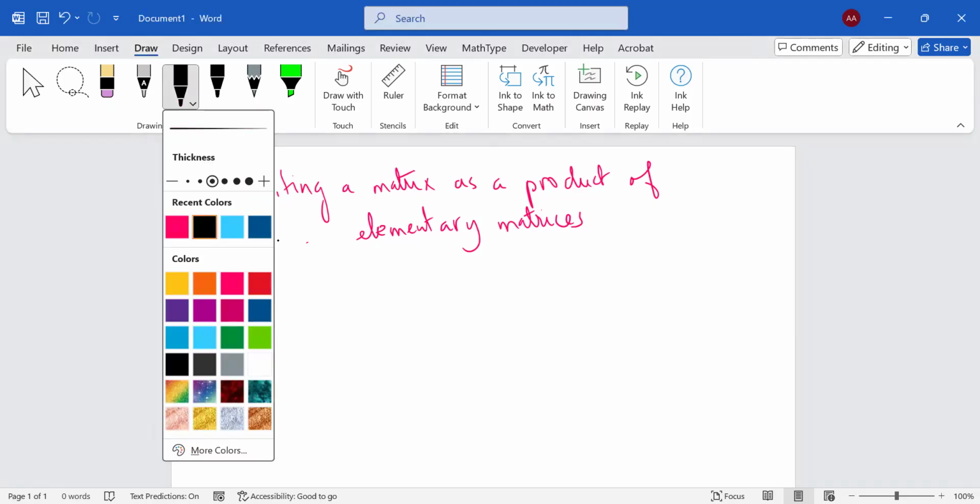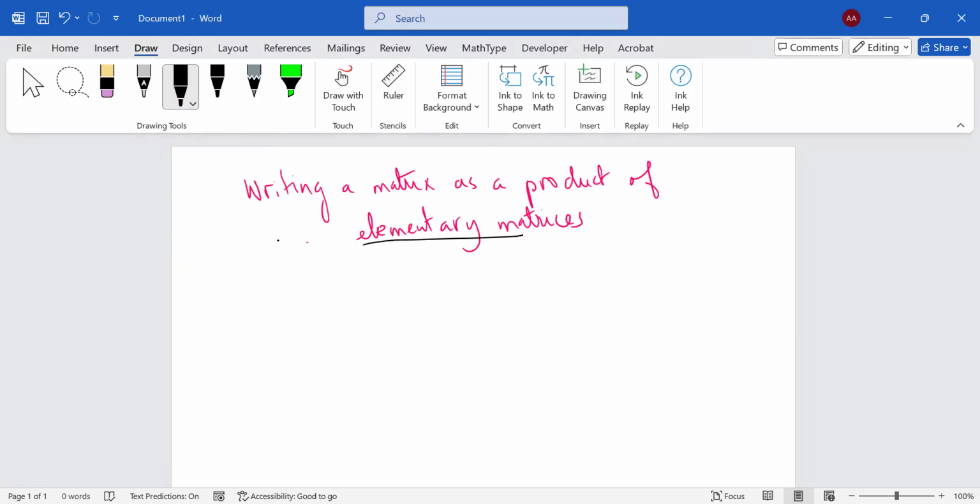It is any matrix that we can get from the identity by a single row operation. So for instance, this is my identity size 2, 1 0 0 1, right?